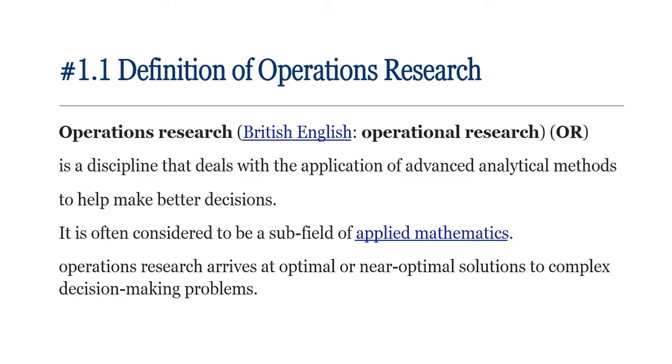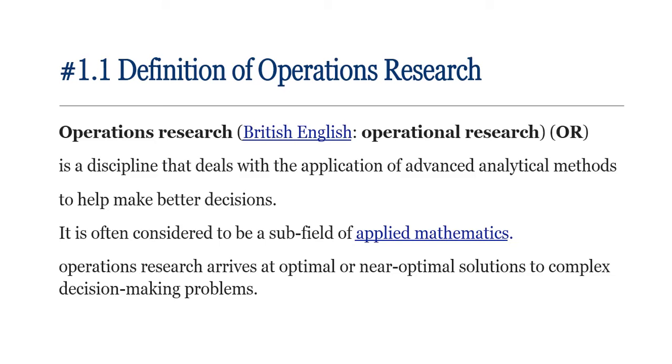In business we come across situations where we have to take decisions, and the decision must be correct and better. Once we take a correct decision, this will lead to higher profit and zero or lower costs. So operation research helps in taking better decisions by applying advanced analytical methods.